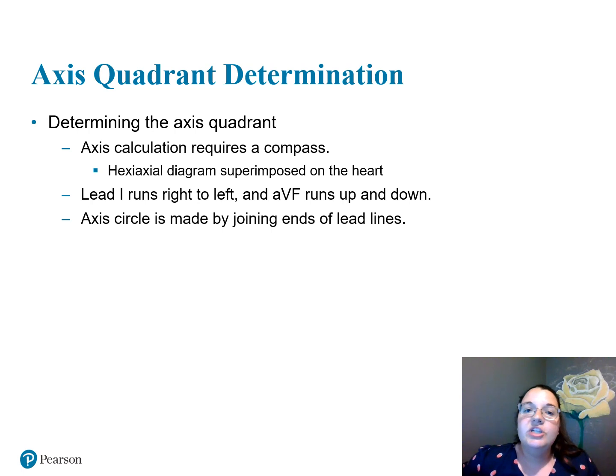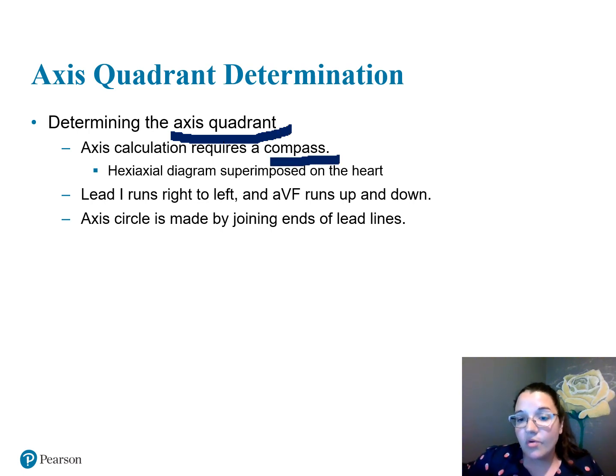So, how do we determine the axis quadrant? The axis calculation requires a compass. So, axis quadrant, we're going to use a compass to determine what quadrant our axis deviation is in. It is also a hexiaxial diagram.